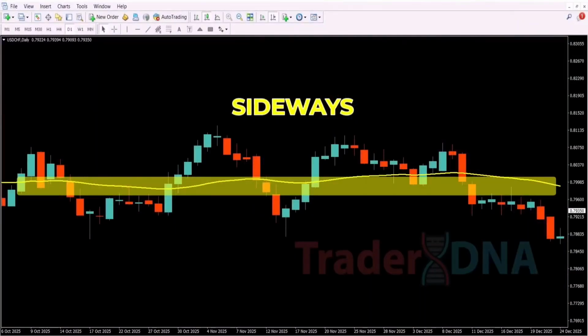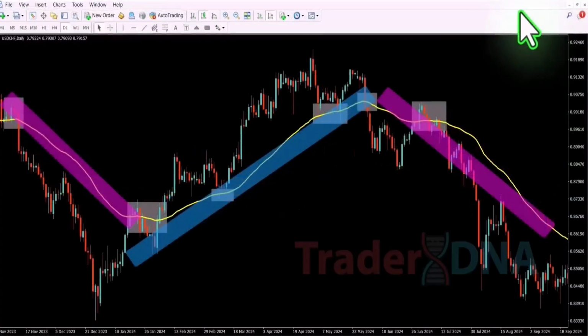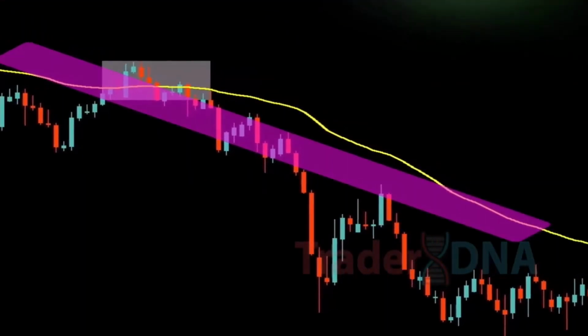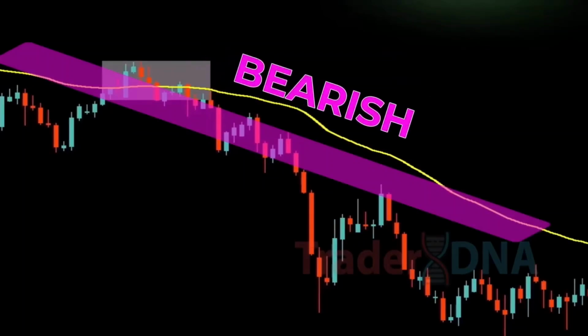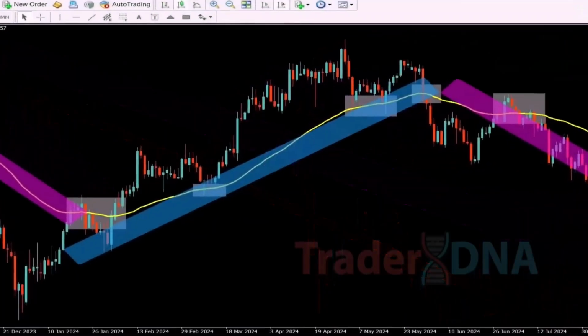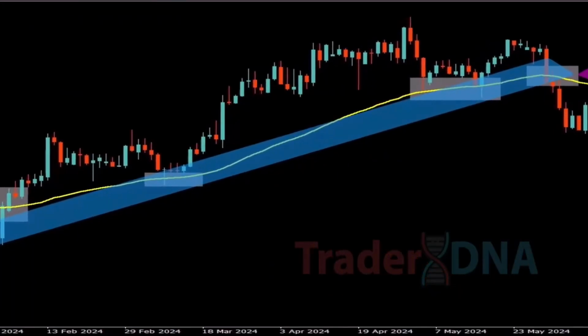Now watch this, because this is where most beginners get it wrong. When the EMA 50 is sloping downward and sitting above price, that's telling you something very important. The market is most likely bearish, in a downtrend. Price is being pushed down and the EMA is acting like a ceiling. Now flip it. When the EMA 50 is sloping upward and sitting below price, that's a completely different story.